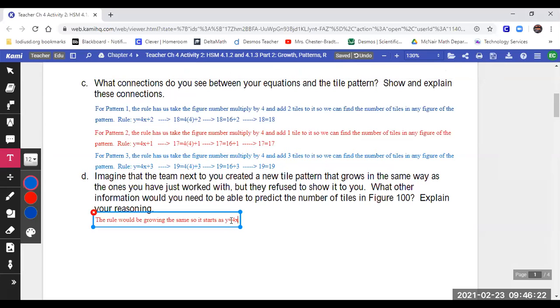But they're refusing to show it to you. So what other information do we need? What do we need to know to finish the rule? What part was changing between the rules? And what did that represent?